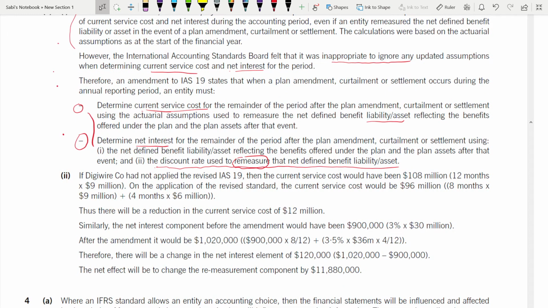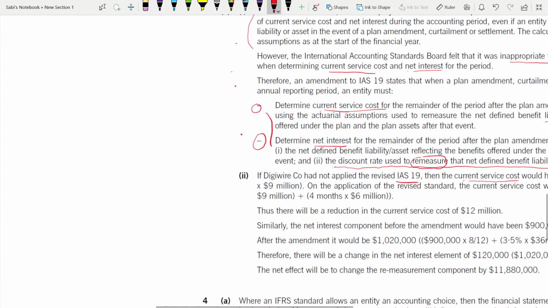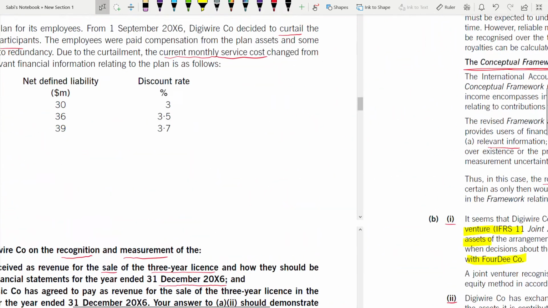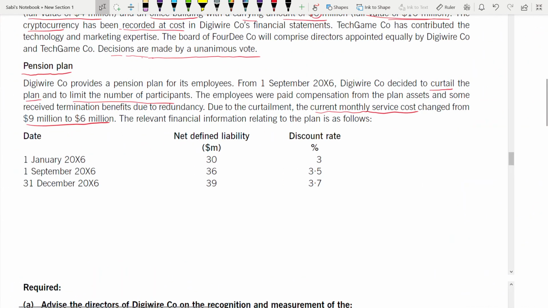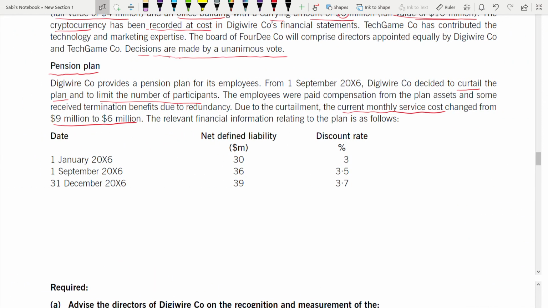So if DGB has not applied the revised IAS 19, what would the current service cost and net interest have been, and what if they have applied it, so that you can show the impact. So the current service cost will be this much. How is it 9 into 12 months? Because it is monthly. Let me show you. Because they told here before it was 9, it changed from 9 to 6.